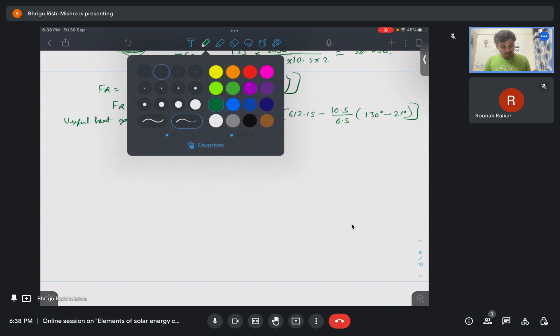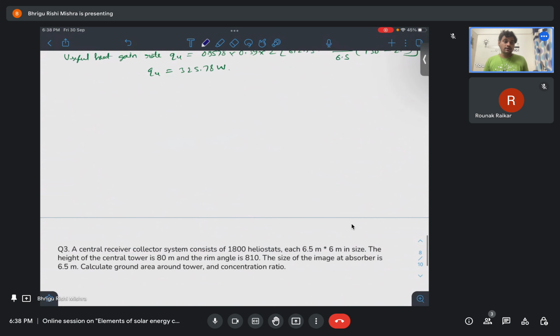Now we can calculate the quantities. So first TFO, from the heat balance equation, okay, so this is m dot Cp delta T equals QU.